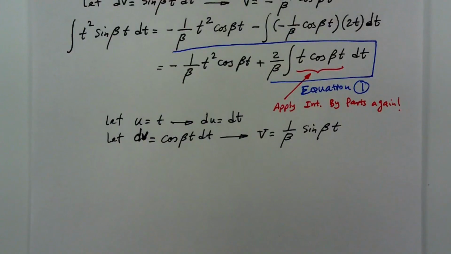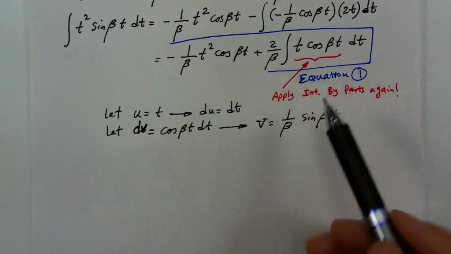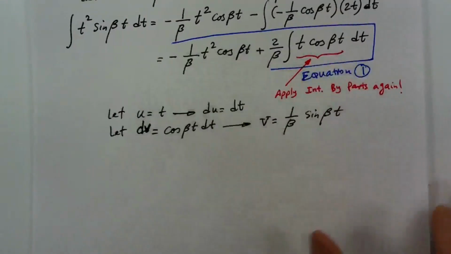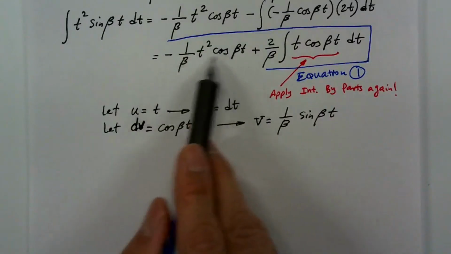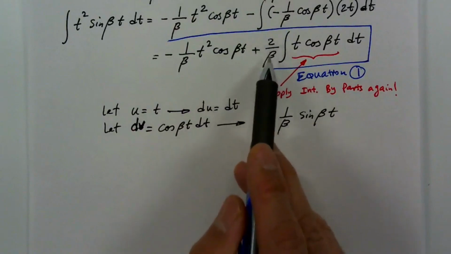Okay, so that should do it. And now, once again, we go through that cycle of rewriting this piece. That's why I said let's keep this as equation 1. So let's not forget that we have that, and let's not forget that we have this 2 over beta in front.